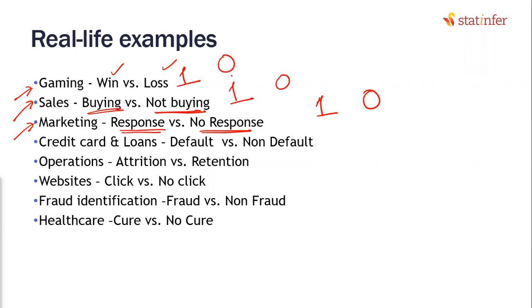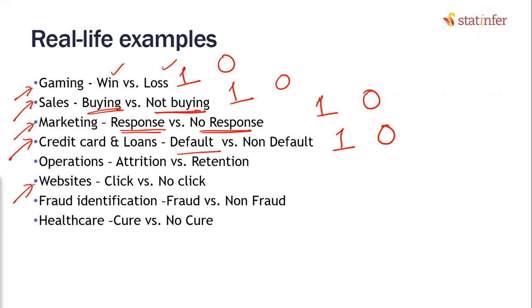There are no several options here. Simple, this side or that side. In credit cards and defaults, based on the customer's financial historical data, I want to predict whether the customer will be a defaulter, a bad customer, or a good customer.